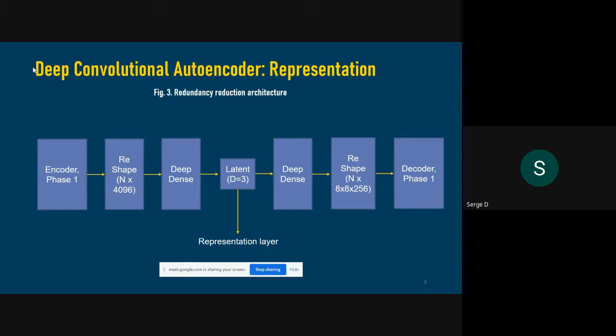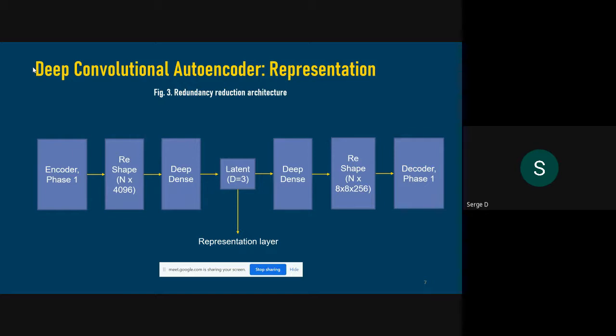It goes through a set of neural network layers with an objective to compress or reduce the dimensionality of the data. So the latent layer, which is right in the center, usually has the smallest dimension in the network. Dimension means, of course, the size of the layer or the number of neurons in the layer.